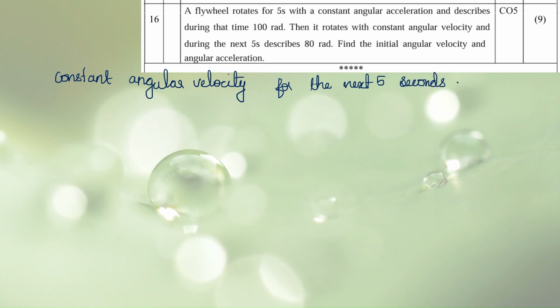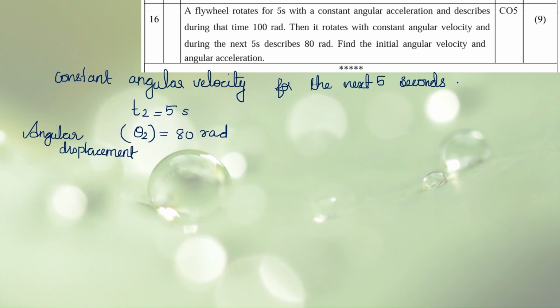Okay, so t2 is what? T2 is 5 seconds. Okay, and in that t2 it describes a rotation or displacement of 80 radian. So we can write the angular displacement theta 2. Angular displacement theta 2 is 80 radians.